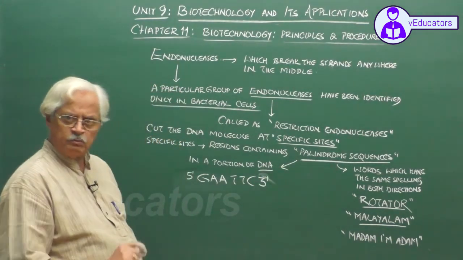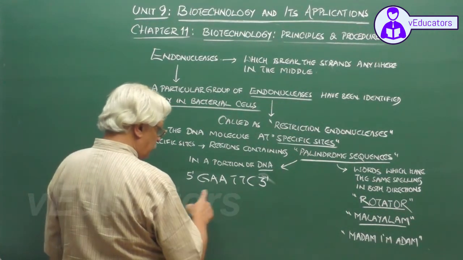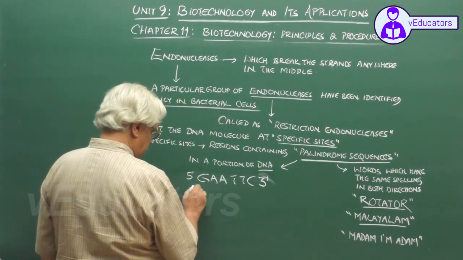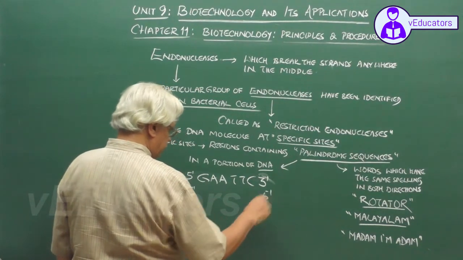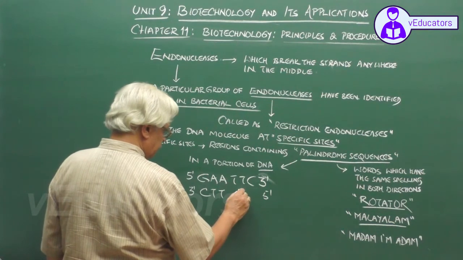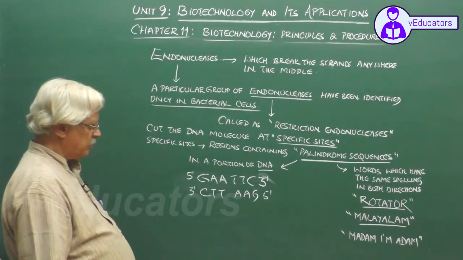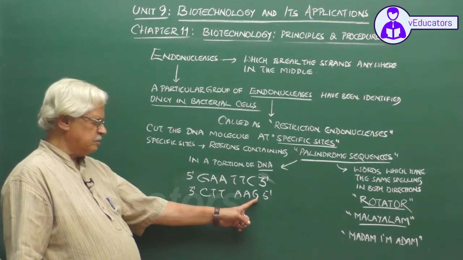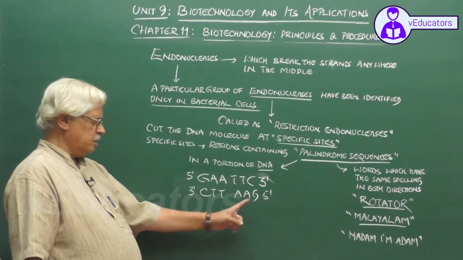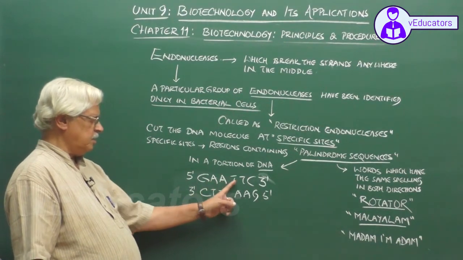In the complementary chain, in the 3' to 5' position, you will have CTT AAG. So you read this from the 5' to 3' end, GAA TTC.